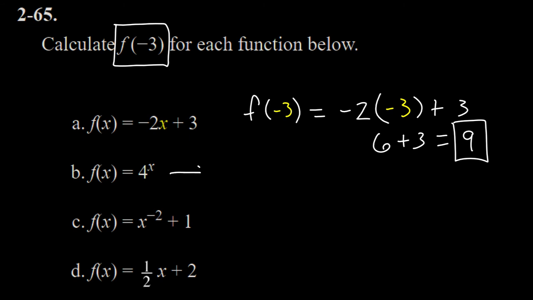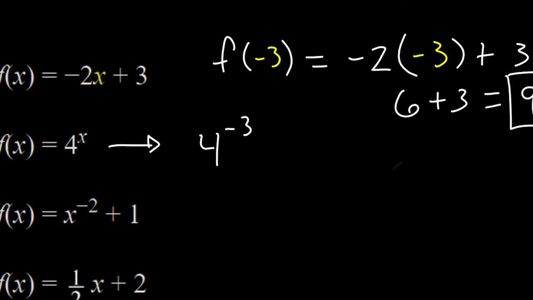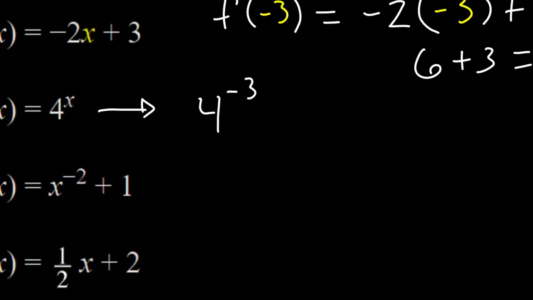Next function, this would just simply be 4 to the negative third. And we do understand that we're not particularly fond of negative exponents, so I could just write this as 1 over 4 to the third. And 4 times 4 is 16, and 16 times another 4, I believe, is 64.